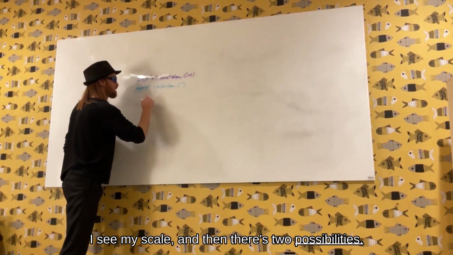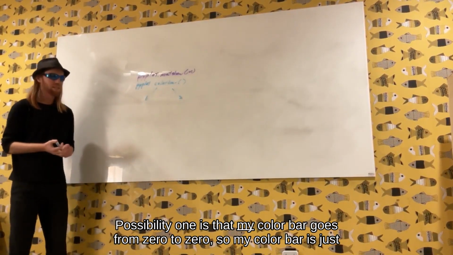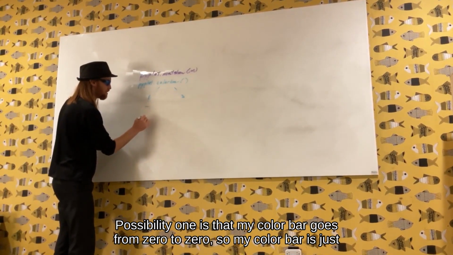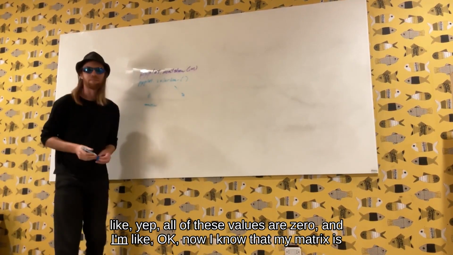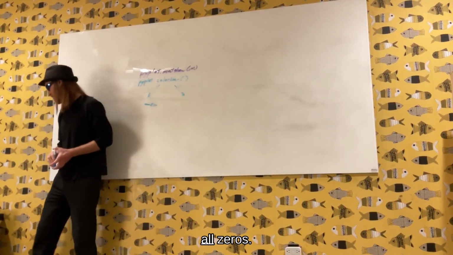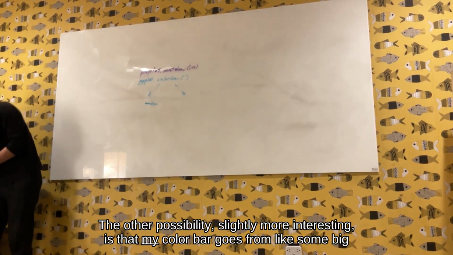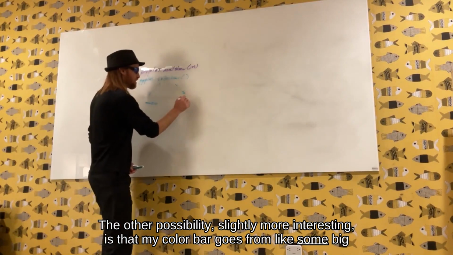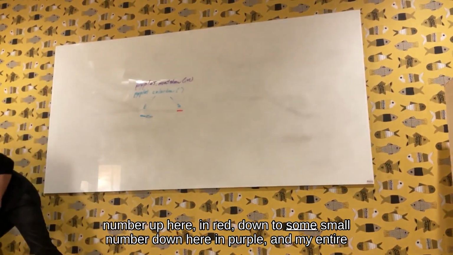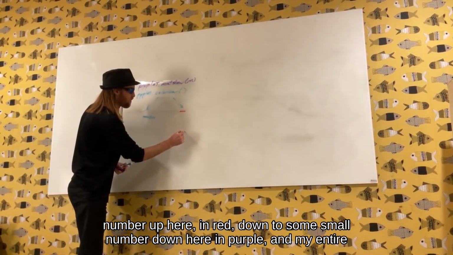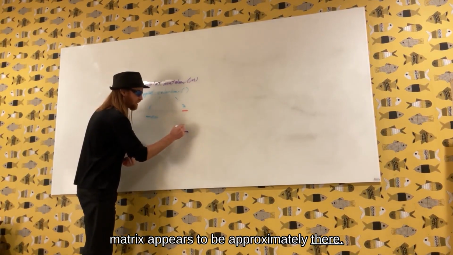And then there are two possibilities. Possibility 1 is that my color bar goes from 0 to 0. So my color bar is telling me all of these values are 0, and now I know that my matrix is all zeros. The other possibility, slightly more interesting, is that my color bar goes from some big number up here in red down to some small number down here in purple, and my entire matrix appears to be approximately in the middle.